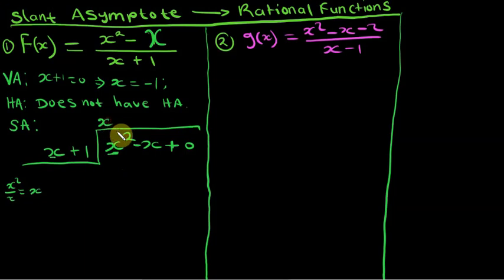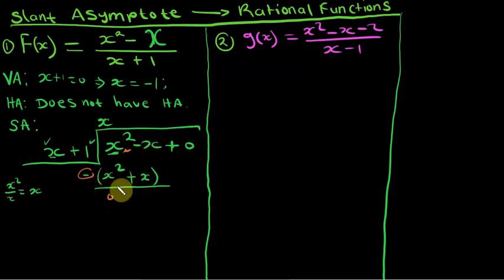x multiplied by this x gives me x squared. Just putting a minus there. x multiplied by 1 is positive x. So this x squared minus x squared gives me 0.